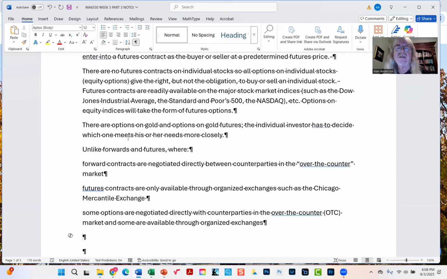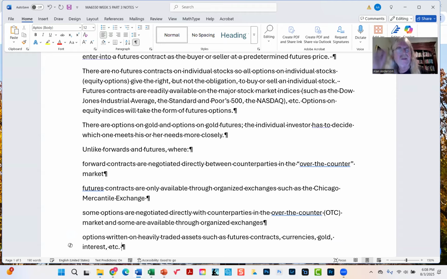Now, typically though, options written on heavily traded assets, such as futures contracts, currencies, gold, interest rates, whatever it is, are normally bought or sold through exchanges.